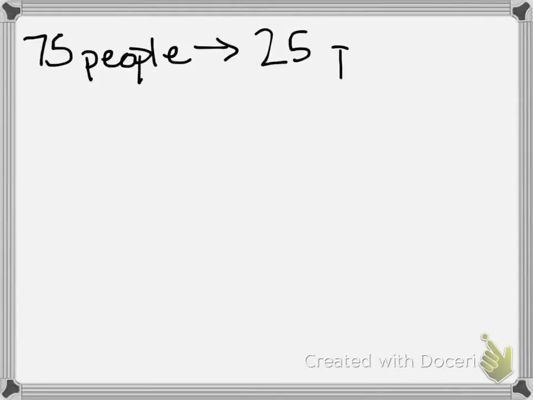For 9, we have 75 people. And unfortunately now we only have 25 people. Alright, so what we're going to do is find out how much it changed over the original amount.